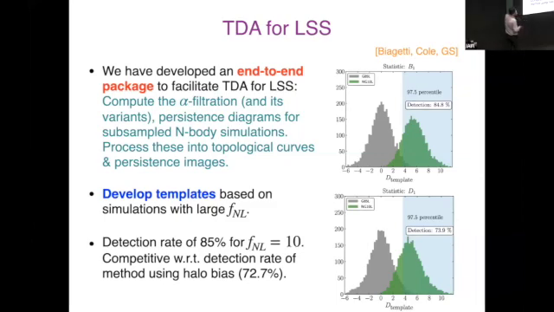For detecting non-Gaussianity, it turns out that the best statistic comes from B1, counting the number of loops as a function of the coarse-graining scale. The detection rate was found to be slightly better than using halo bias. The anomaly detection rate for, say, fNL equals 10, I've given some numbers here.